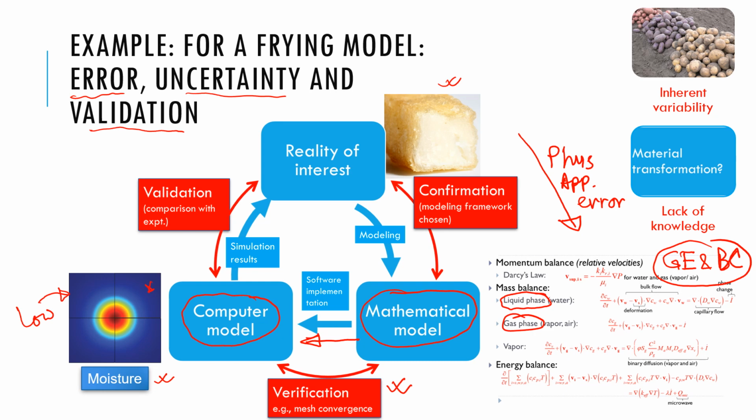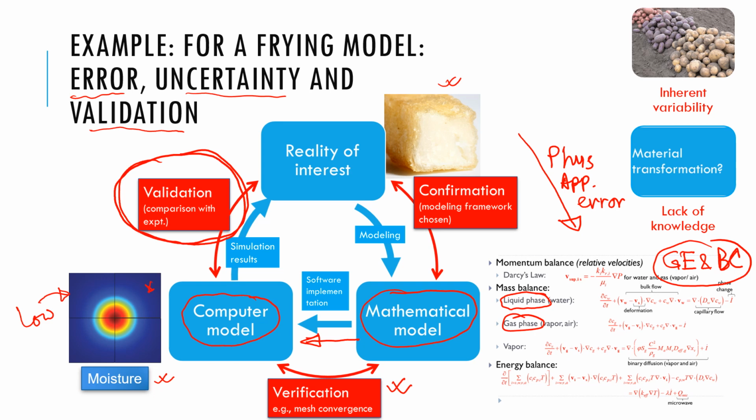We can also do mechanical property changes, which has been done for the frying problem. This comparison with the measured data is called validation. This is the big one. This is the validation process comparing with the reality.